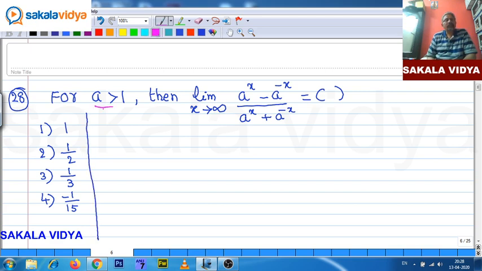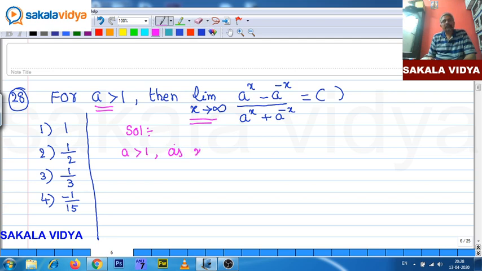Limit as x extends to infinity, for a greater than 1, of (a^x minus a^-x) upon (a^x plus a^-x). Now here we have one condition: a greater than 1.